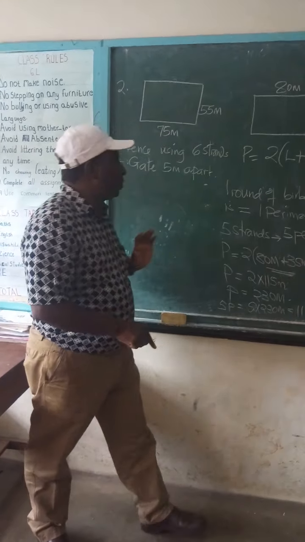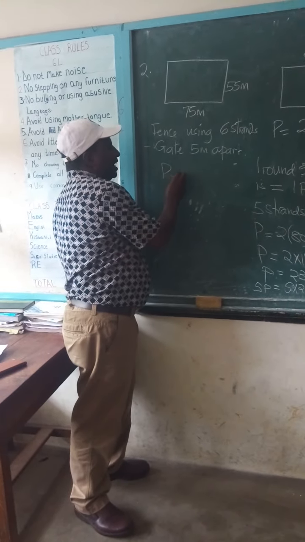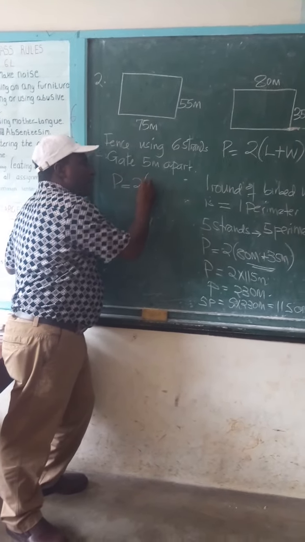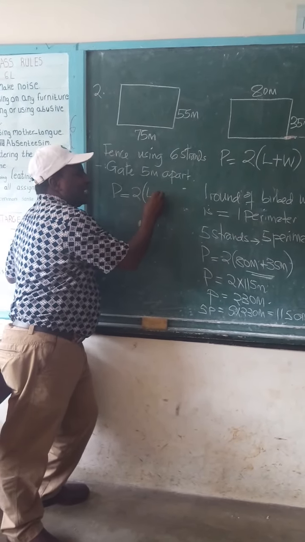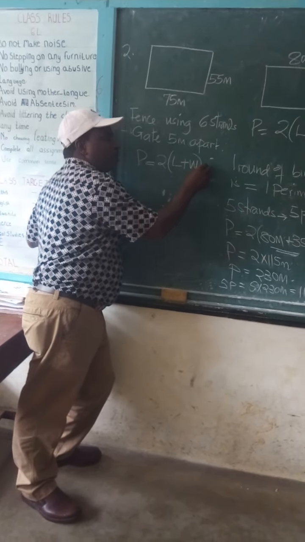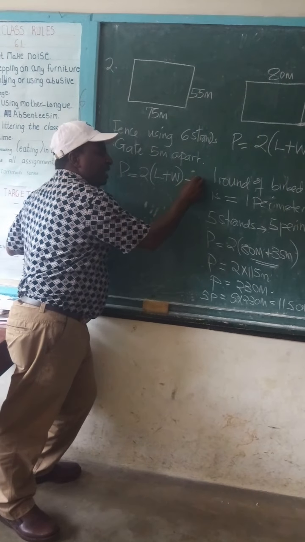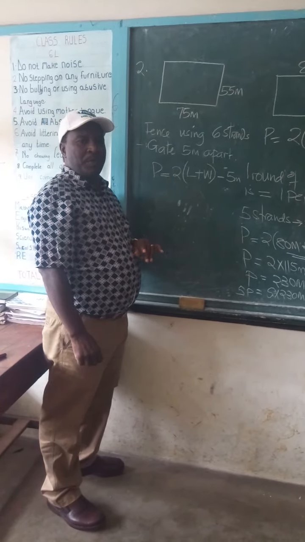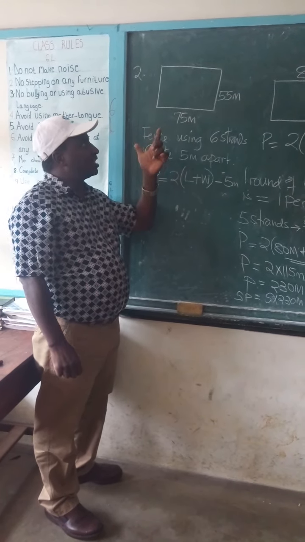Are we together? Yes. So to begin with, therefore, perimeter again is equal to 2 opening bracket length plus width, close the bracket. But we must remember, we will minus 5 meters because we have to remove the section that the gate has.